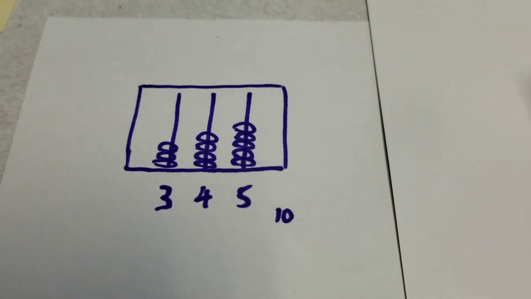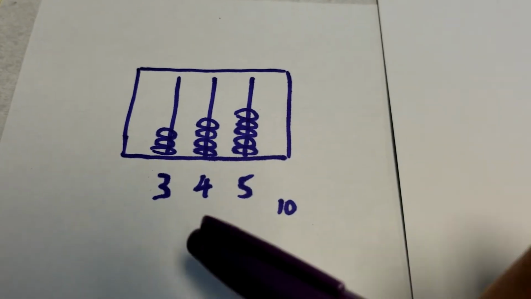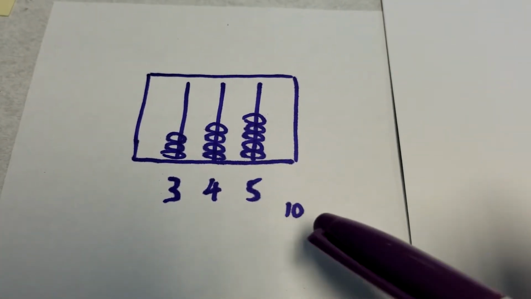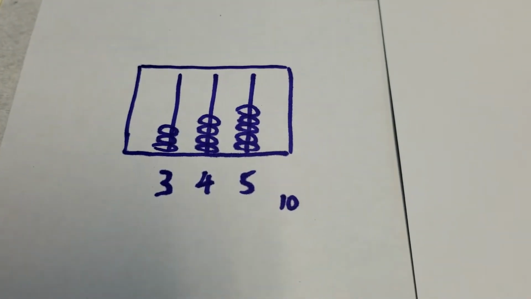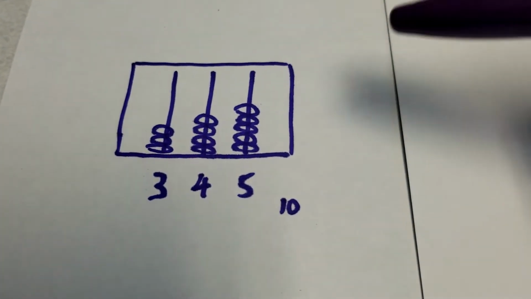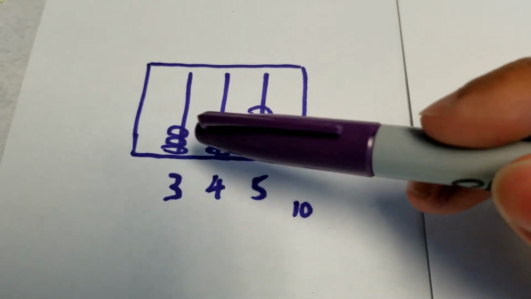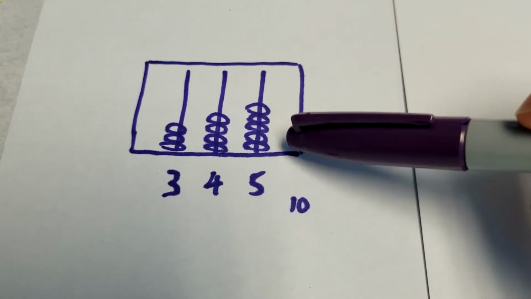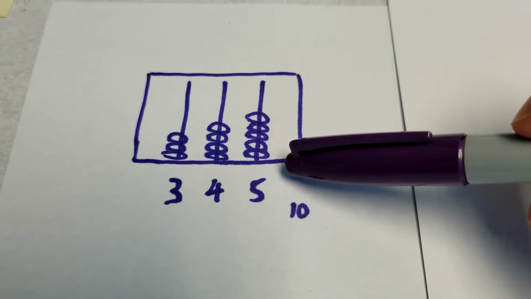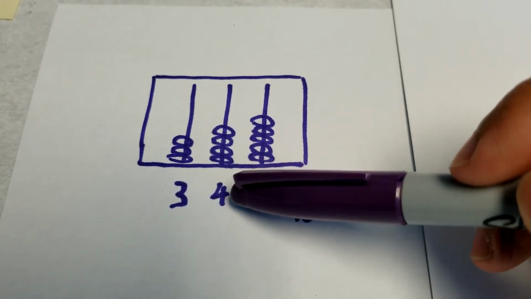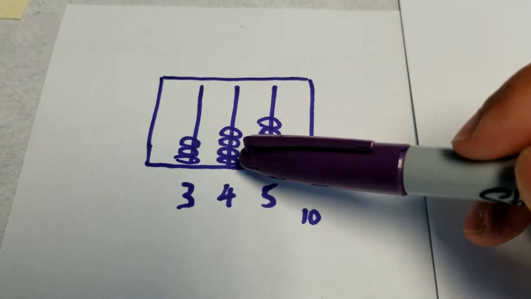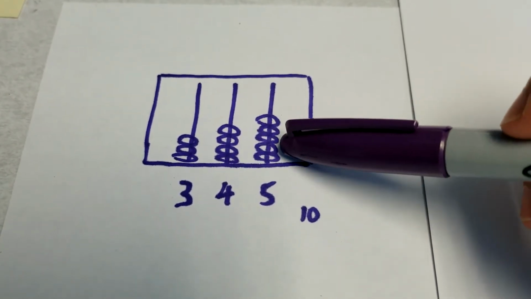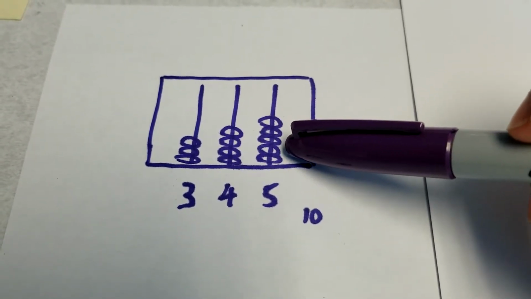Okay, so this time let's pick a bigger number. 345 in base 10, and we are trying to convert it back to base 8. So just like before, we're going to shift everything to the column on the far right. So keep this in mind. For this column, we have 4 rings, right? So each of these rings means 10 of these on this column.